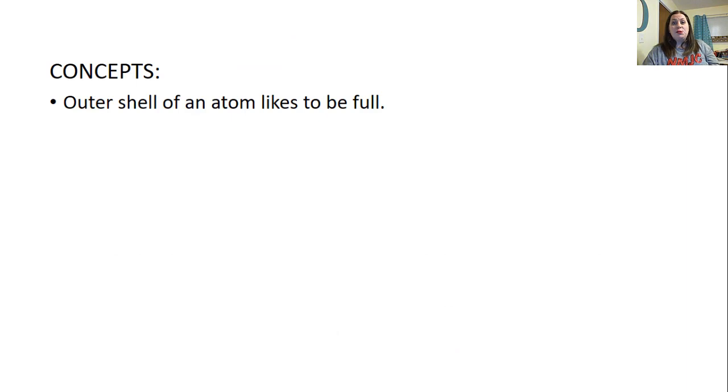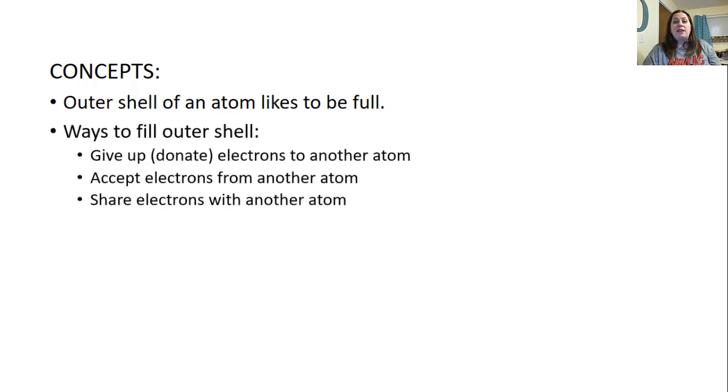So some concepts to review for this little bit of chemistry. The outer shell of the atom likes to be full. It wants to get a full number, and in the case of the first shell, it's 2 electrons. The second and third shells want to get 8 electrons. Ways they can fill their outer shell is they can give up or donate electrons to another atom. This is going to cause it to become an ion.